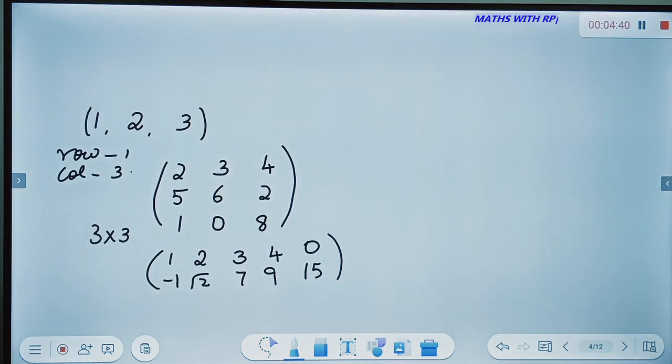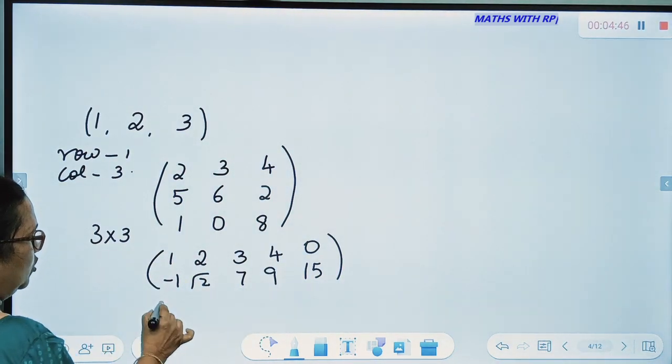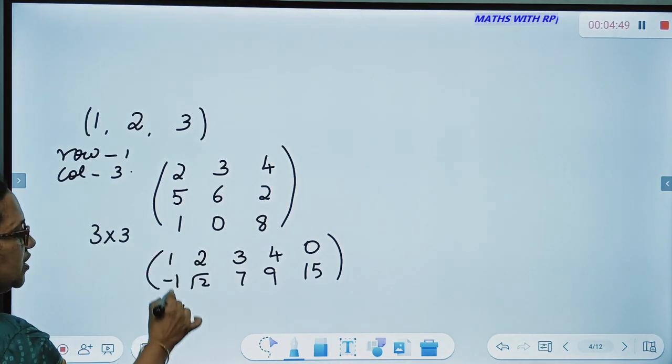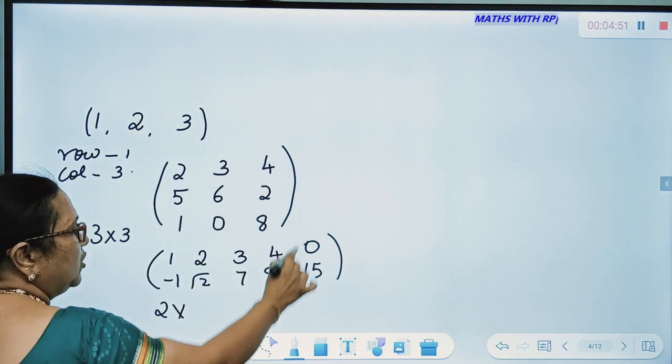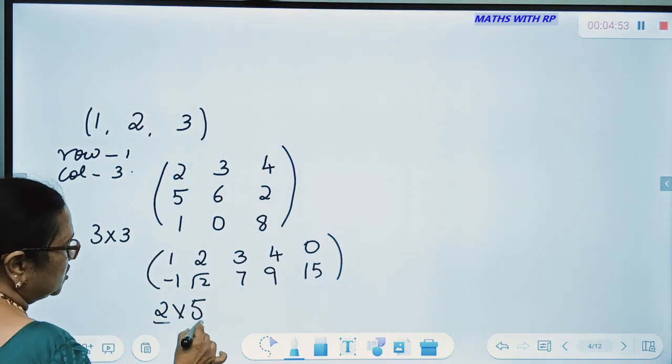This is also a matrix, also an arrangement of numbers. How many rows has it got? It has got 2 rows. How many columns? 1, 2, 3, 4, 5. So its order is 2 by 5.